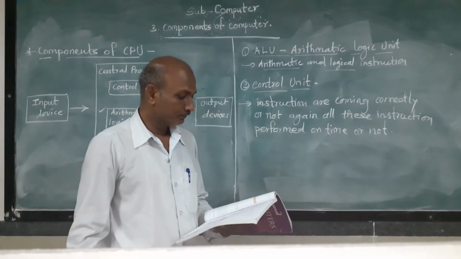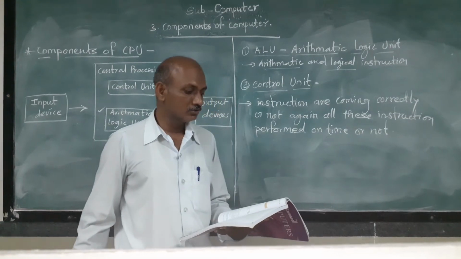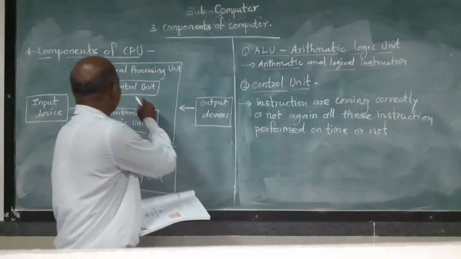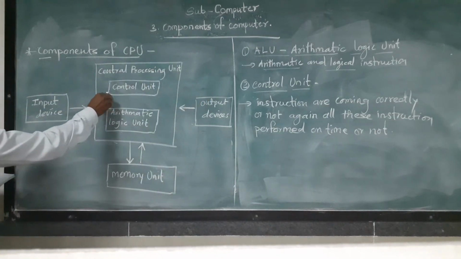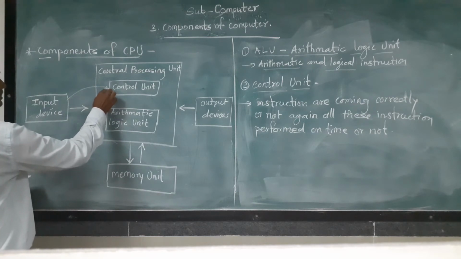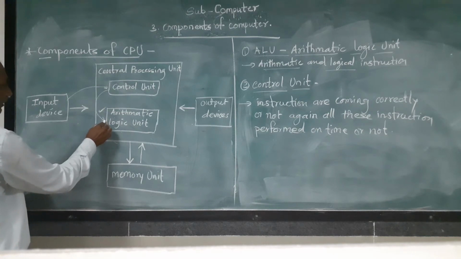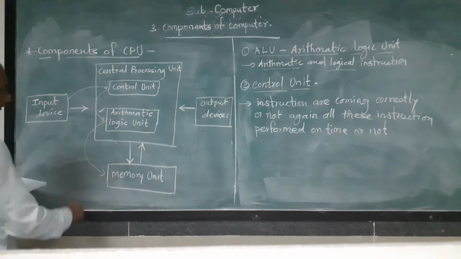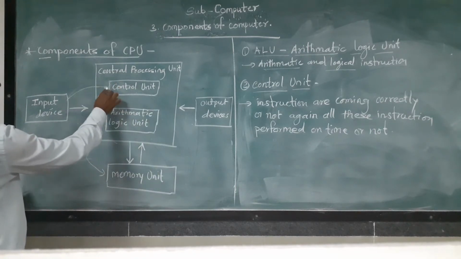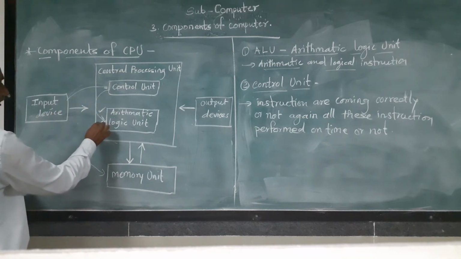It gives the command for data transfer from input devices to the memory and from the memory to the arithmetic logic unit. This control unit manages the instruction coming from the input devices, and that instruction is given to the arithmetic logic unit.